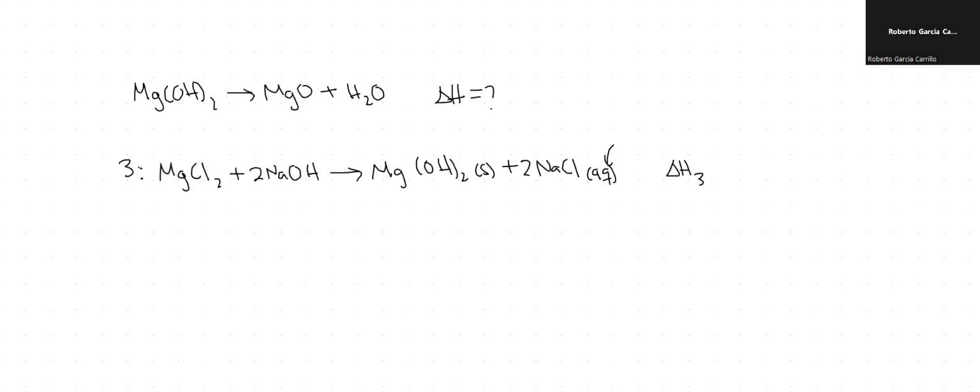And then for the fourth reaction, pot number 4, the salt magnesium chloride to magnesium chloride solution. And this is the enthalpy for reaction number 4.